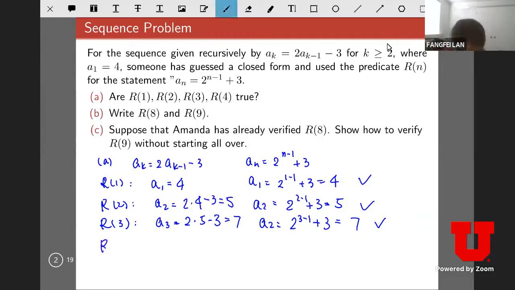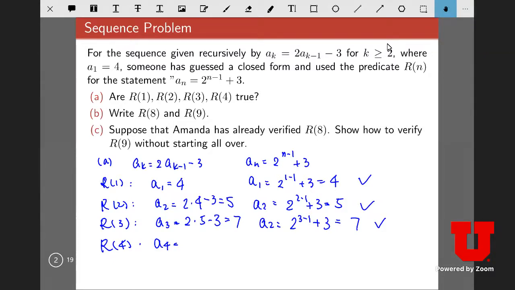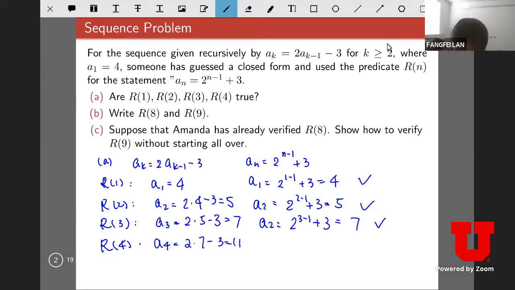Okay, last one. What do we do here? What is A4? Yep, that's correct. So 2 times 7 minus 3, that's 11.